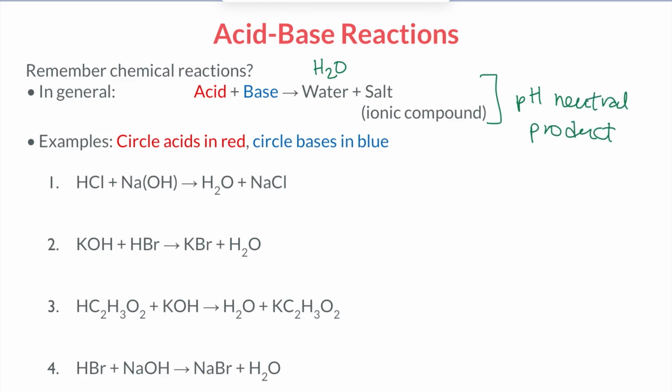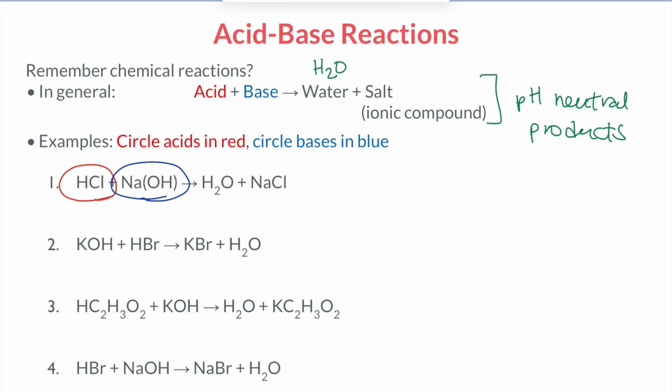So acids and bases in reactions have to be on the left, the reactant side. Looking at HCl plus NaOH producing H2O and NaCl, my acid is whatever starts with that hydrogen. My base ends with that OH.